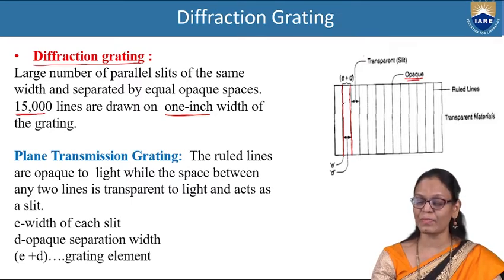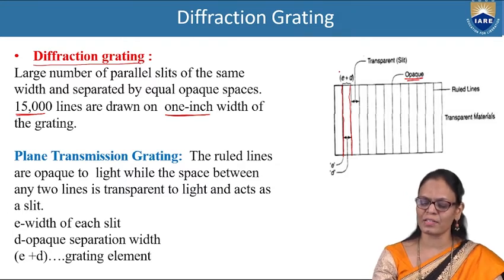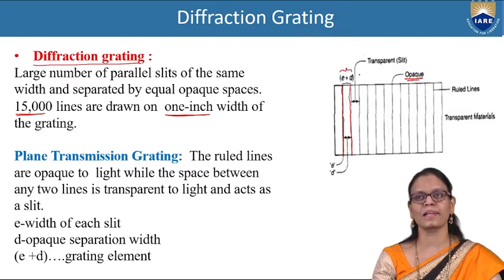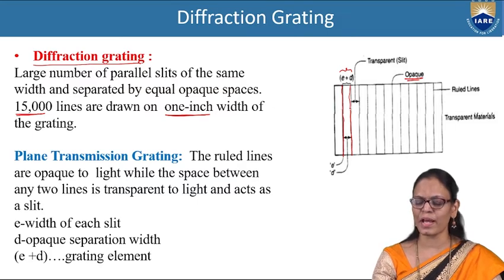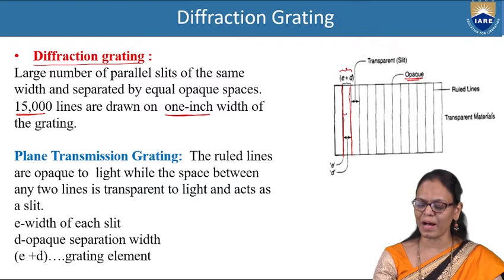But the region between two lines is very small, and it is transparent. These two lines are opaque, which do not allow the light, so the light can pass through this region. So that we call the slit.